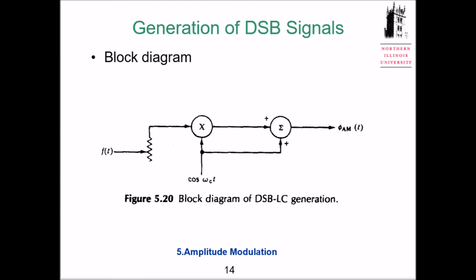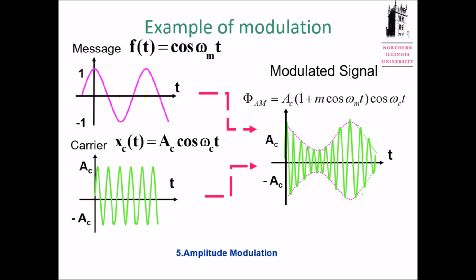So the message is here. It will mix with the carrier. So we have f(t) cosine omega c t, and the signal will add a pure carrier. So now we have double sideband large carrier. This is the generation block diagram. Pretty straightforward, very easy.